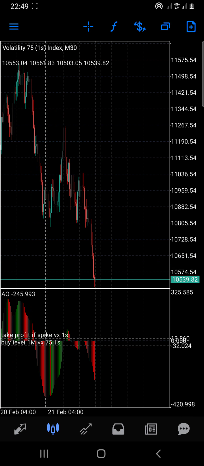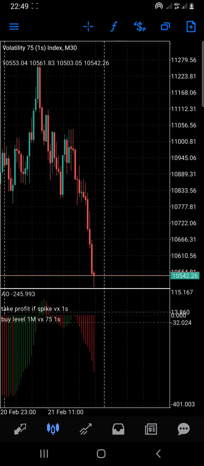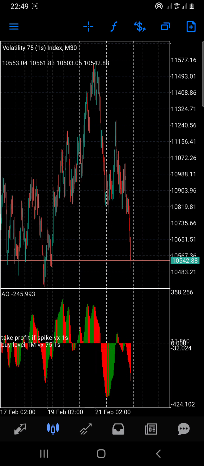anytime you want to enter a head and shoulders pattern market, always make sure that once you've seen the left shoulder formed, then the head, and the right one is about to form, take note of this point, this trend line here.